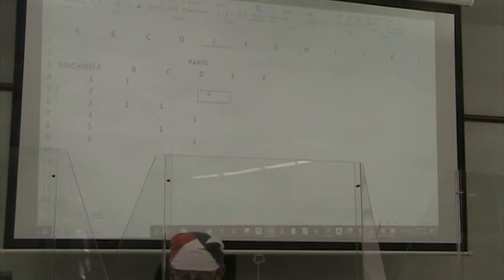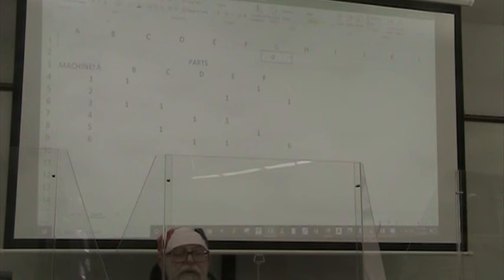D goes to 2, 4, and 6. E goes to 1 and 5. And F goes to 2 and 6.